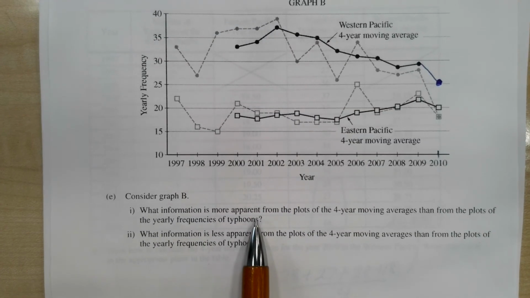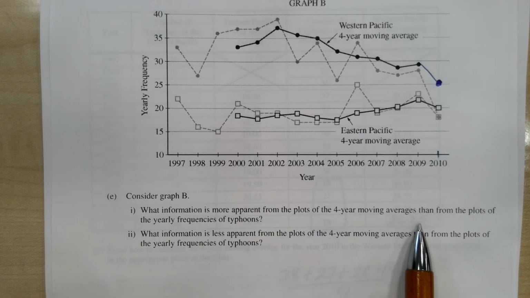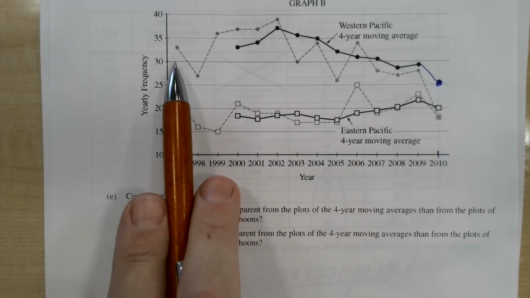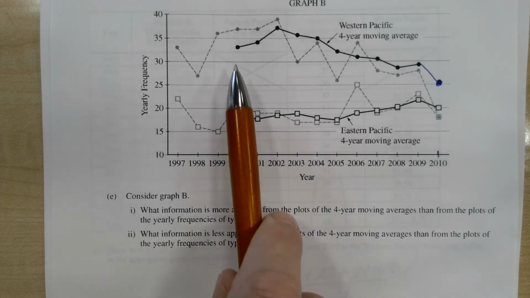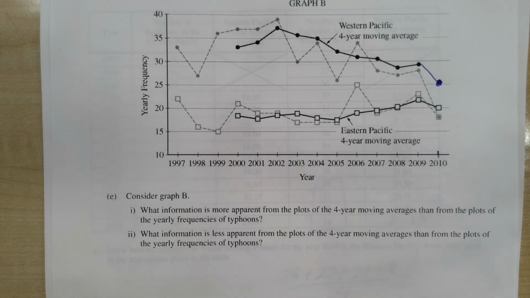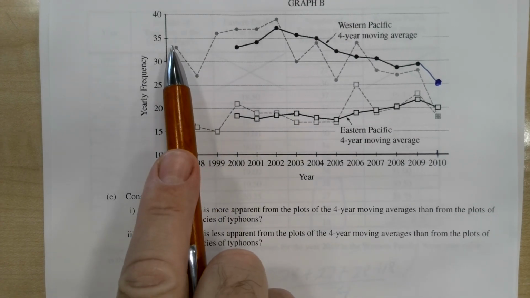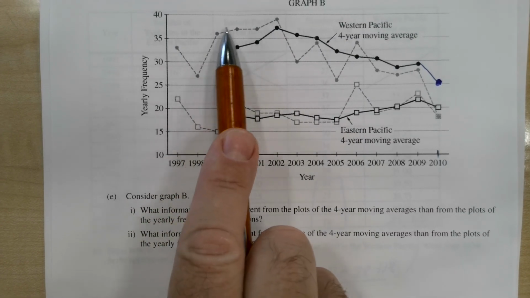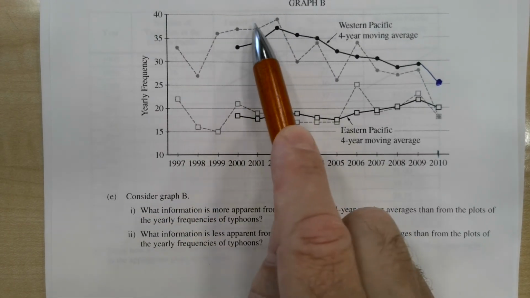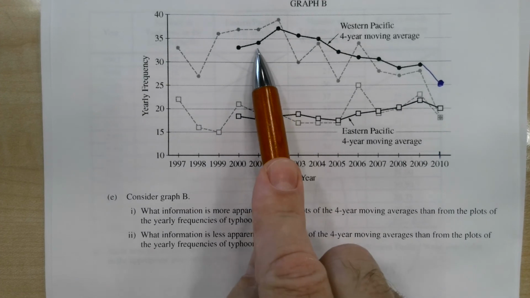So what information is more apparent from the plots for the 4-year moving averages than from the plots of the yearly frequency of typhoons? So what's better about this new 4-year average than what we had before? Well, when you average things, you don't get quite as much variability because you're always averaging 4 things together. So kind of the middle, down, up, all average to give you this one plot here, right? And then the down, up, kind of average to give you this plot.